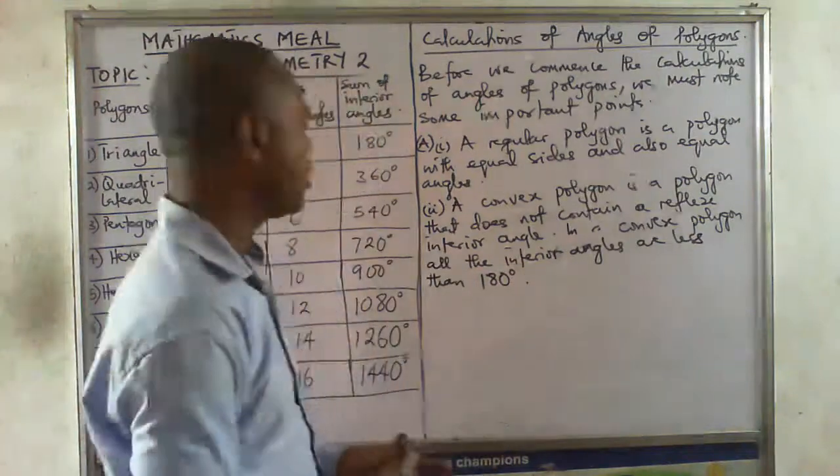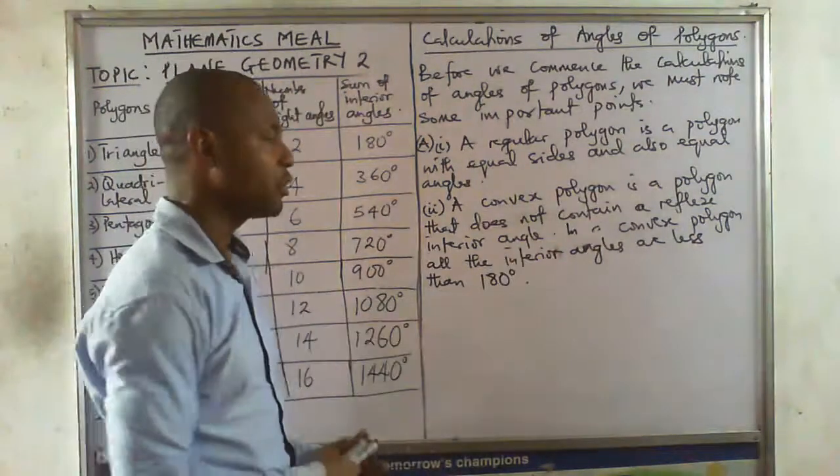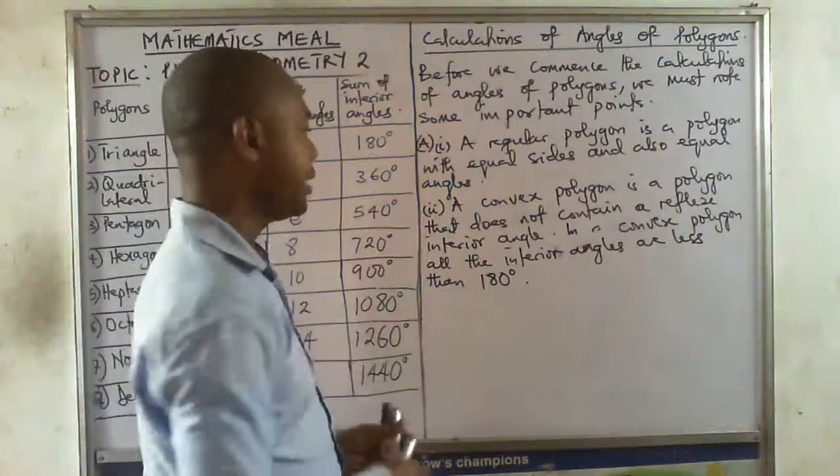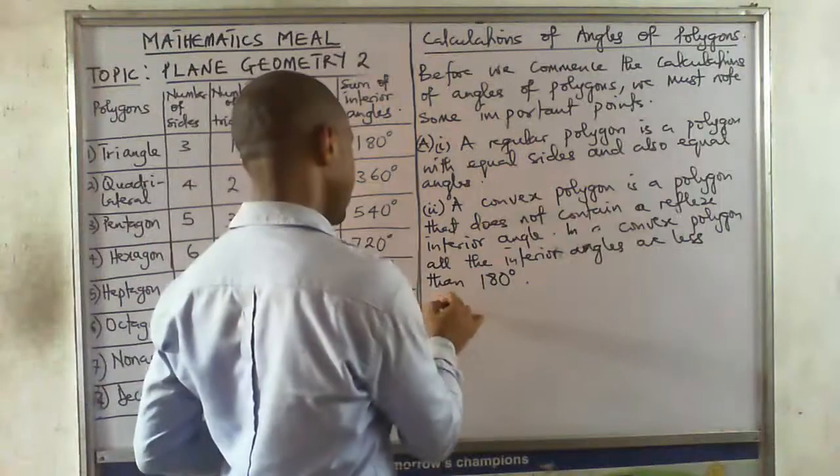So in a convex polygon, all the interior angles are less than what? 180 degrees. Then we have the third one.